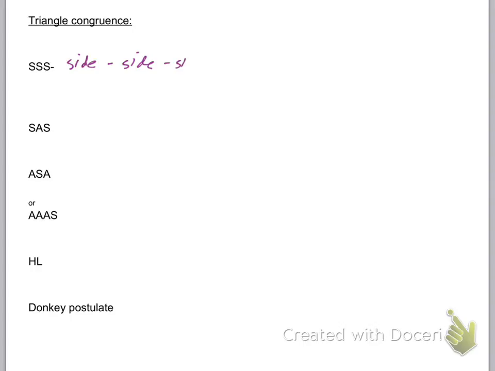If I have two triangles, triangle A and triangle B, and I want to prove that they are congruent, and I said these three sides correspond with those three sides, how many different triangles can you make with the exact same sides?